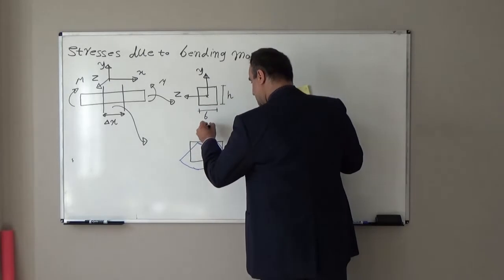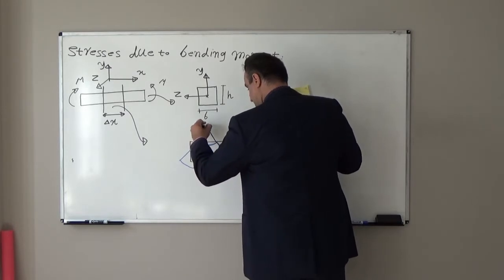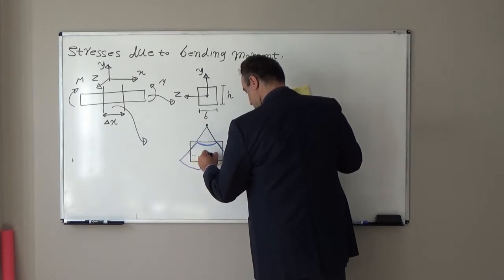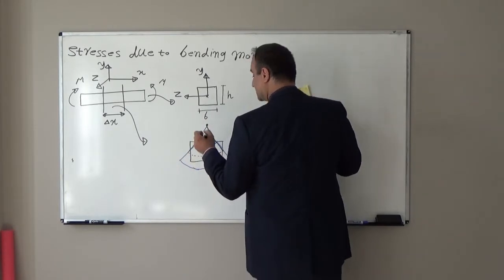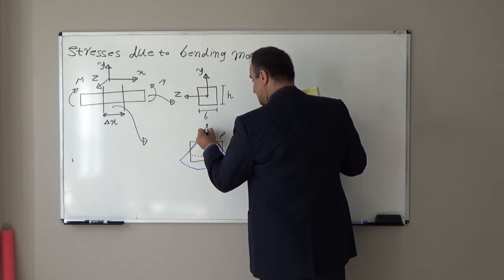And for example, the radius of curvature for this sector is rho, and this angle, assume it is delta theta.